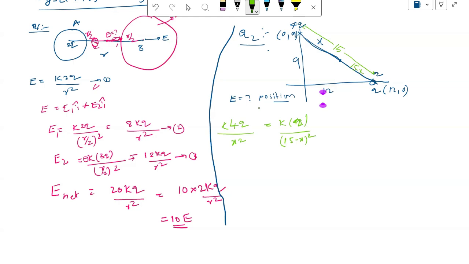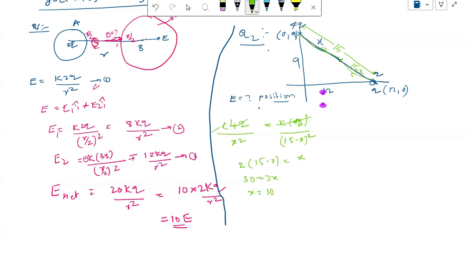So kQ gets cancelled. 2 into 15 minus x is equal to x. So 30 is equal to 3x. Am I correct? 2x goes to that side. Therefore, x equals 10. So this is the position. From here to here is 10, then here to here it is automatically 5.